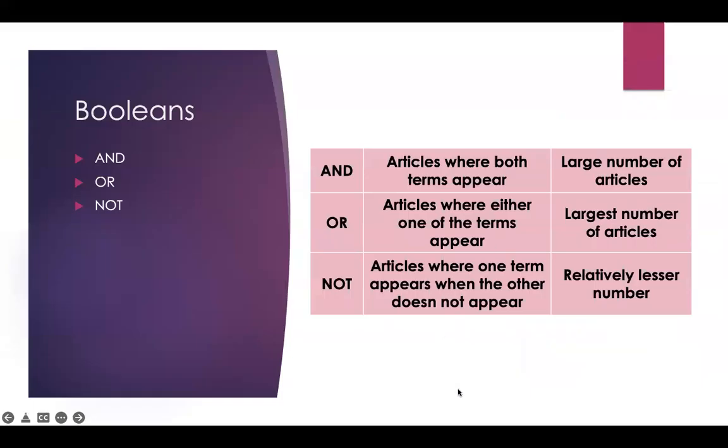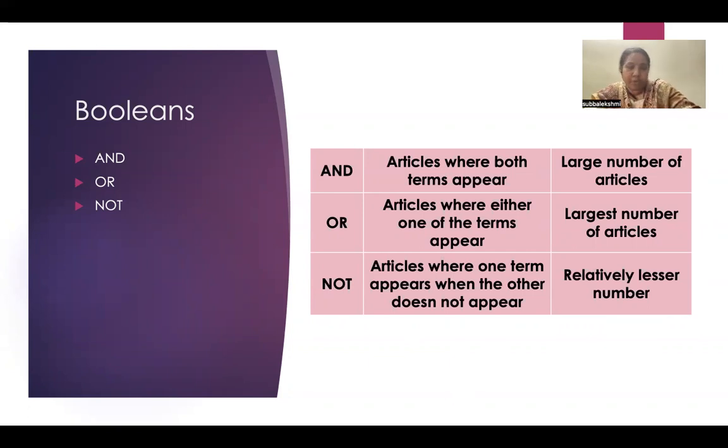The next thing that we have to understand in PubMed is the Booleans. The Booleans are basically three things: and, or, and not. When we use the Boolean and, we get articles where both the terms appear, which basically means a smaller, more specific set of articles.